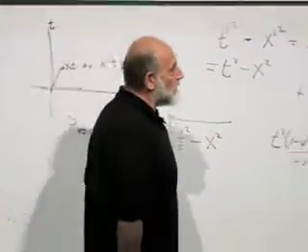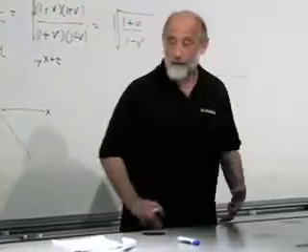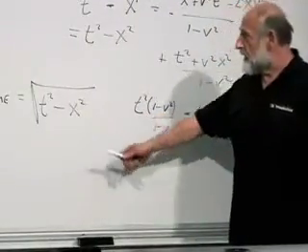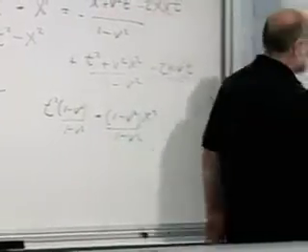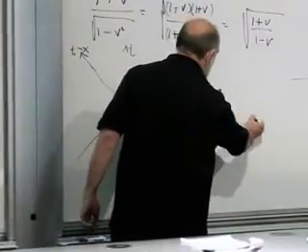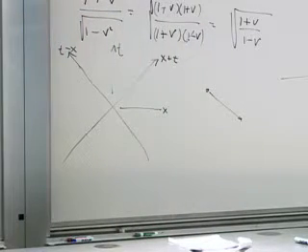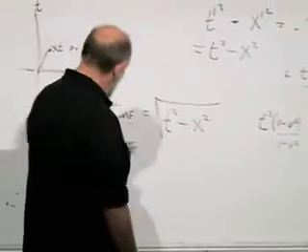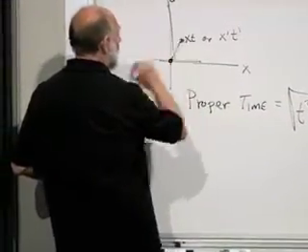Well, it's a definition, of course. We could have worked with a definition where the proper time was just t squared minus x squared, but it's a definition to take the square root. It's very much like looking at the distance between 2 points and using Pythagoras' theorem. The Pythagorean theorem says that the distance between the points is the square root of x squared plus y squared. So in parallel with that, we call this the proper time between the origin and the point x, t.